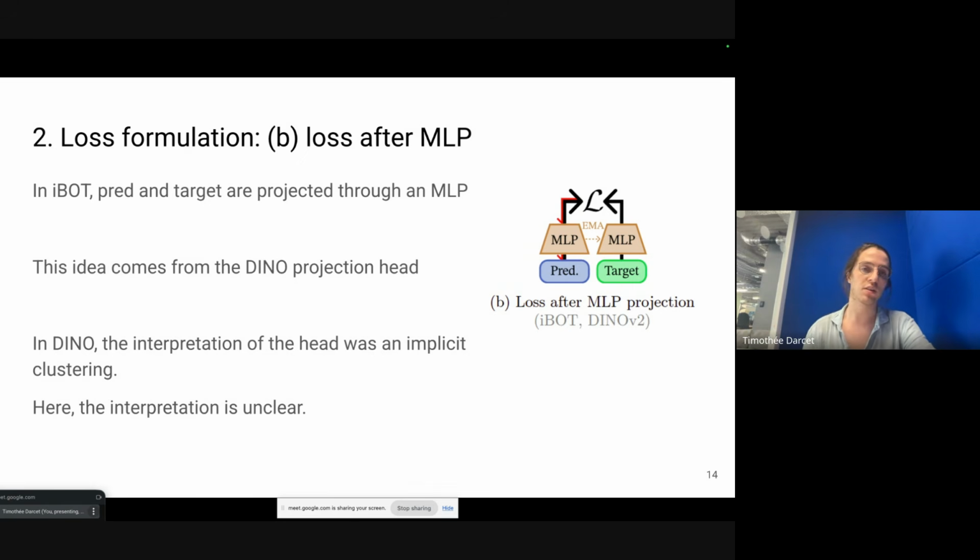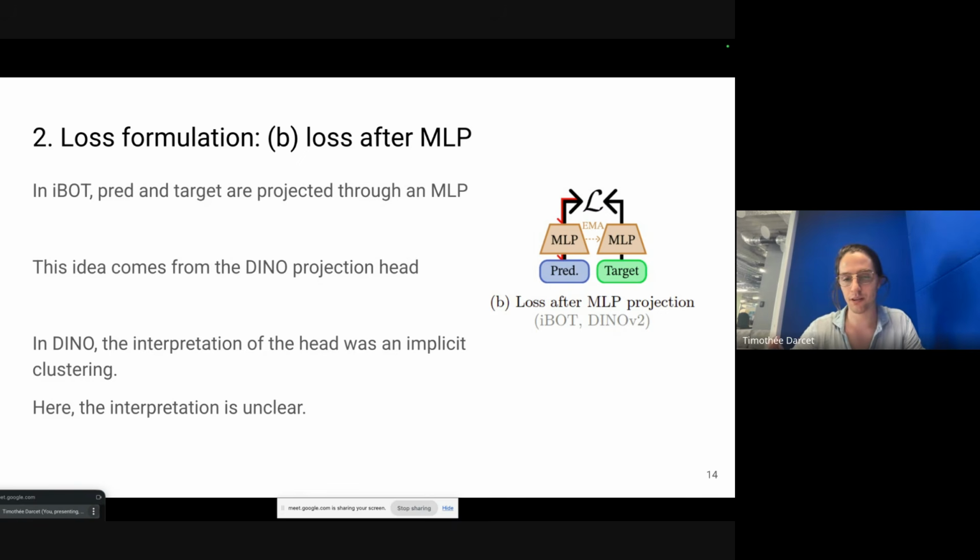In iBot, the prediction and target are projected through an MLP, and the target MLP is an EMA of the prediction MLP. This is something that is just copy-pasted from DINO. Basically, iBot was like, okay, let's use the DINO loss in another setting. And I kind of take issue with that because I think it's not a very satisfying idea. It feels weird to me because in DINO we have some sort of interpretation of what it was doing.